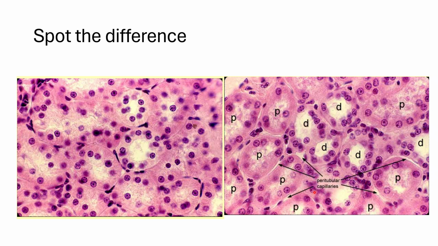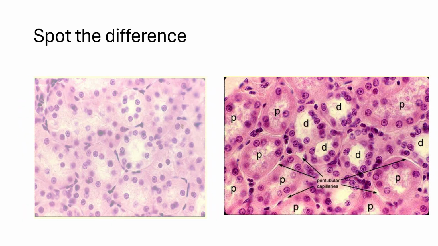So for these two reasons, we can easily differentiate between the PCT and the DCT. The first reason being the apical brush border of microvilli that is present in the PCT, and the second reason being the increased number of mitochondria, making it more eosinophilic, more acidophilic in PCT and less acidophilic in DCT.